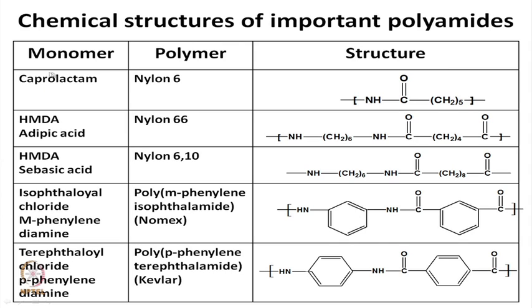It is a ring compound. This ring compound can be polymerized to nylon 6 by ring opening polymerization. Its formula is NHCO(CH2)5. This is the repeat unit of the nylon 6 polymer.